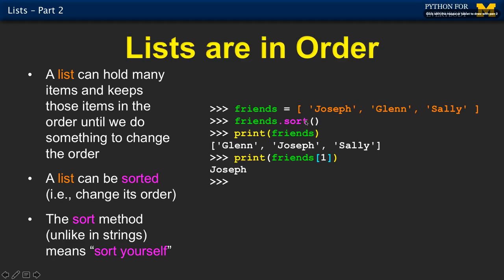This is kind of more object-oriented. We call the sort method within the friends object. And then now it has been changed, right? So it actually changes it, and so it's now in alphabetical order, Glenn, Joseph, and Sally. And friends sub 1 is the new sub 1, and so this actually changes it because lists are mutable.